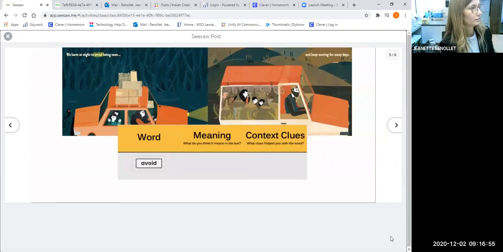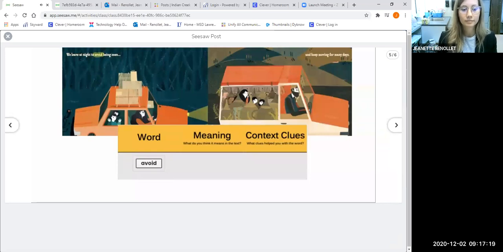So let's take a look at some of the clues around the word to figure out what that word means. It starts off by saying we leave at night to avoid being seen. The pictures look like they're packed up in their car, hiding below some bags, and they're taking everything with them.